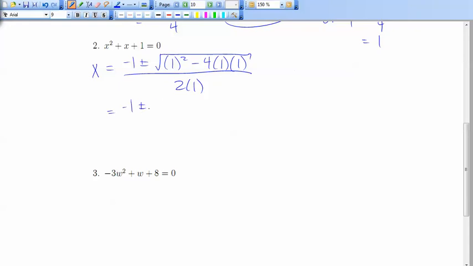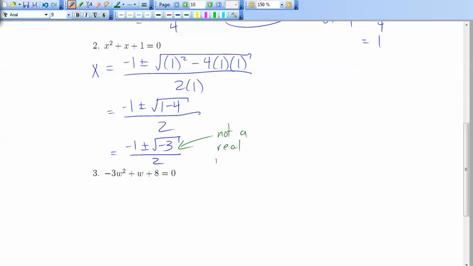So we get -1 plus or minus the square root of 1 minus 4 all over 2. And here we've got a problem because we're looking at -1 plus or minus the square root of -3 all over 2. And here this should set off all our warning bells. This is not a real number. So what can we conclude? Since what's under our square root sign is negative, there are no real solutions.